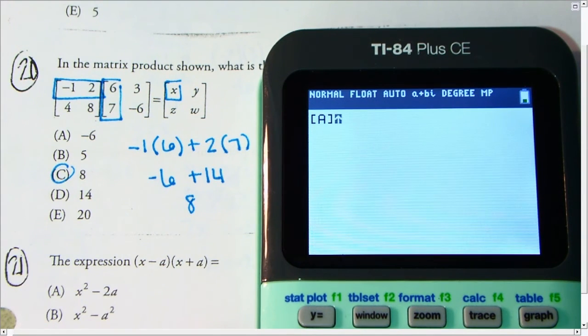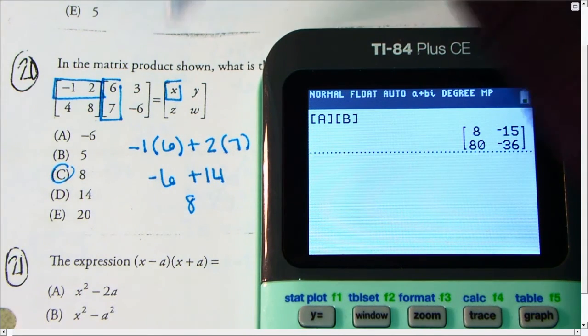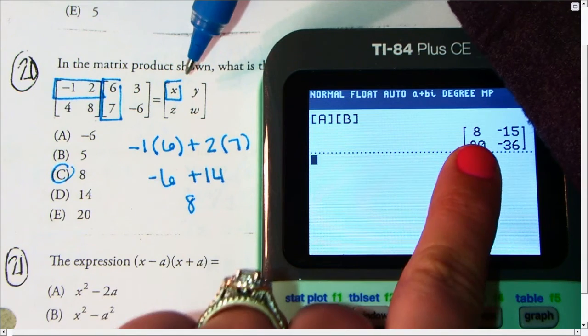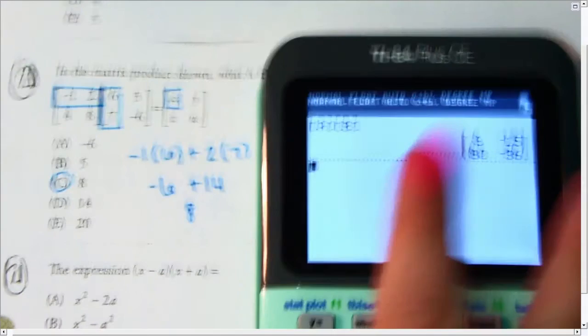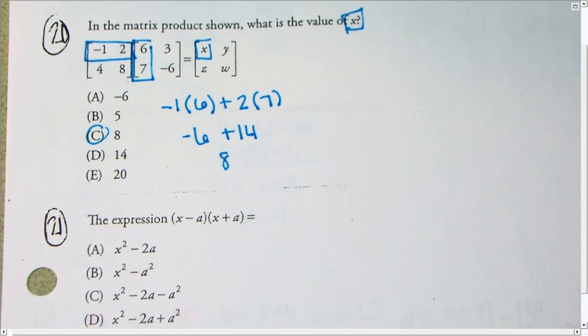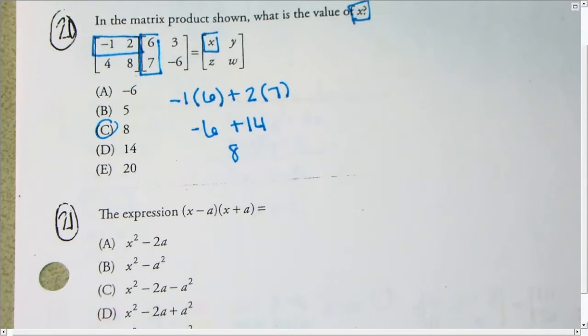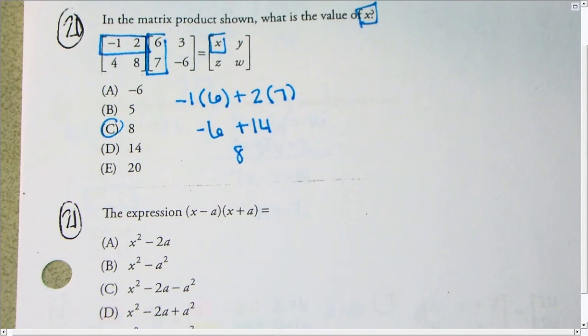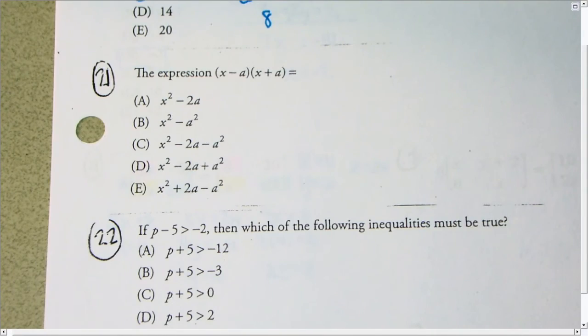Matrix A times matrix B. I'm looking again for the X value, which is 8. So by hand, that problem actually took less time, but that's okay if you're doing it in your calculator. I just want you to know that you can definitely do matrix multiplication by hand, and it is a little faster sometimes.